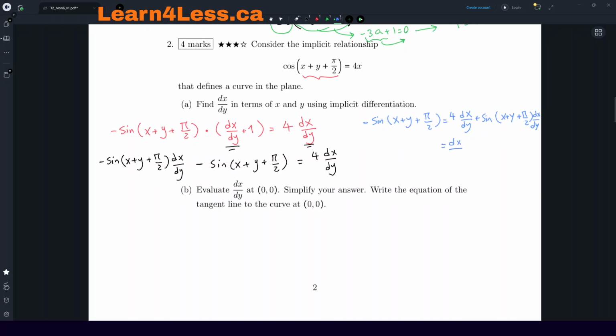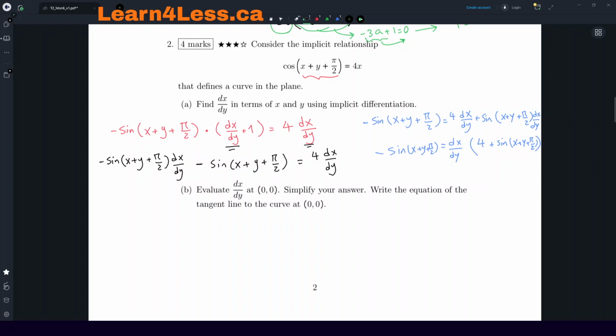So dx over dy multiplied by 4 plus sine of x plus y plus pi over 2. And the left-hand side would be simply as is, negative sine of x plus y plus pi over 2. What I'm looking for is dx over dy, so I isolate that by dividing both sides by this term.